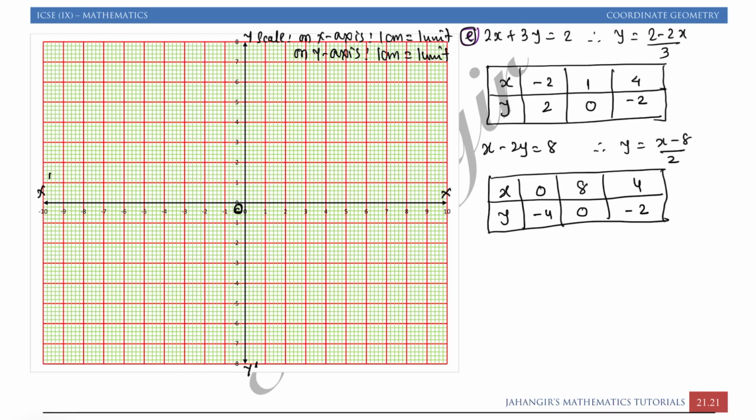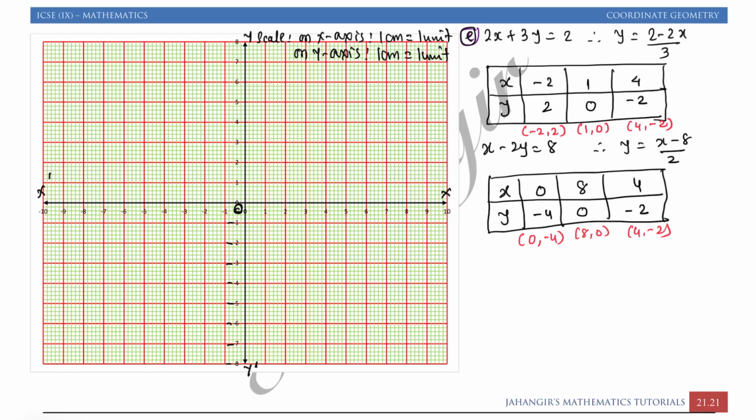Now let us plot. The first coordinates, let me write them: (-2, 2), (1, 0), (4, -2). The x value should be first and then the second value should be y. That's the rule. Now we will start plotting the 3 points of the first equation.